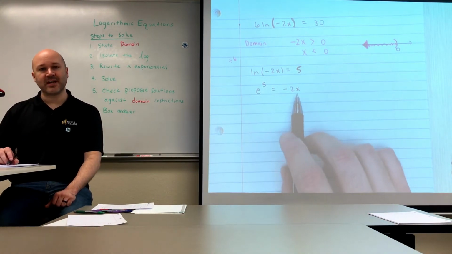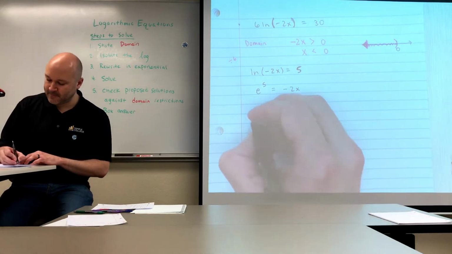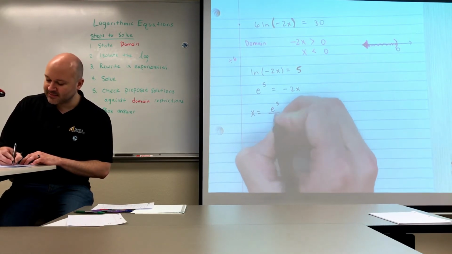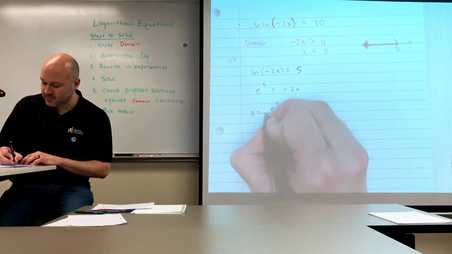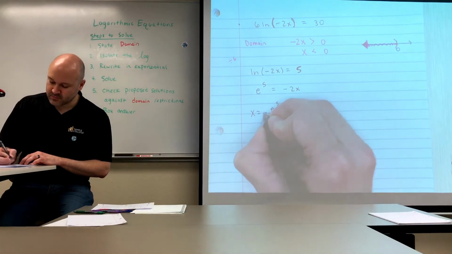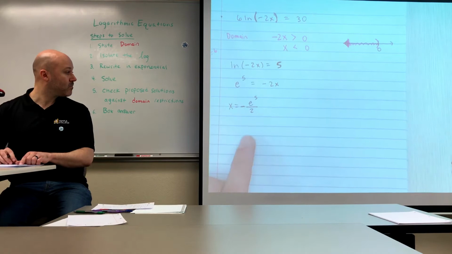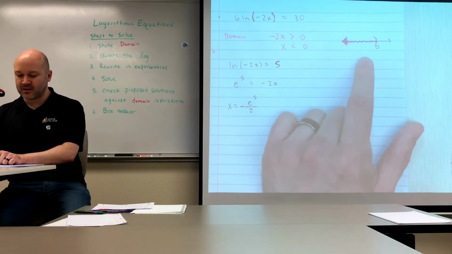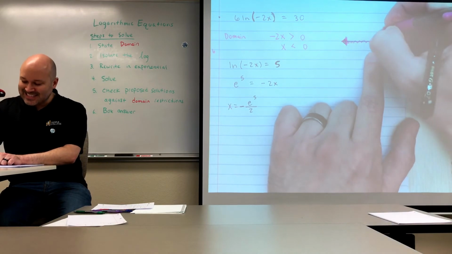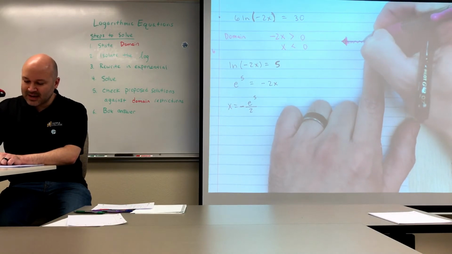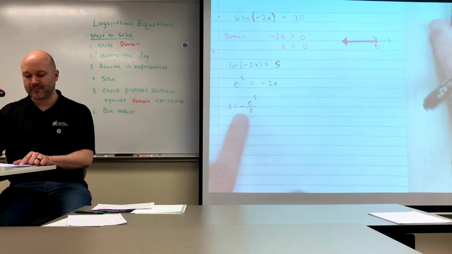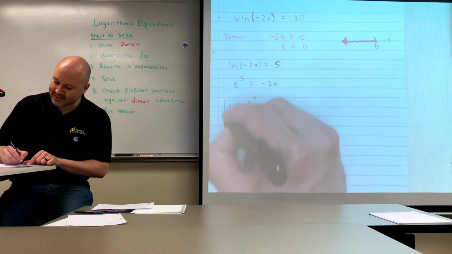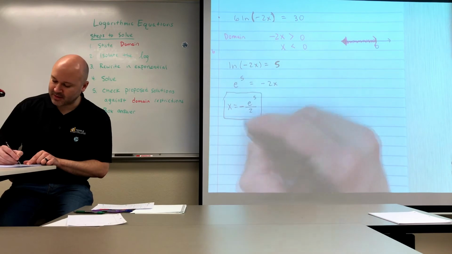To solve for x, I divide both sides by -2. x is equal to e to the 5th power divided by -2. I'm not sure what that value is, but all I really care about is: is this number less than 0? Well, it's negative, so yes. I can box it and be done.